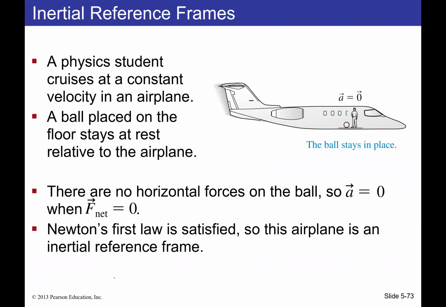Frame of reference can be your house, your room, a car, plane, or bus. If you're doing an experiment and Newton's laws are obeyed, then you can call that an inertial reference frame. Generally those are frames that can be at rest or moving at constant velocity. It means it's in equilibrium.